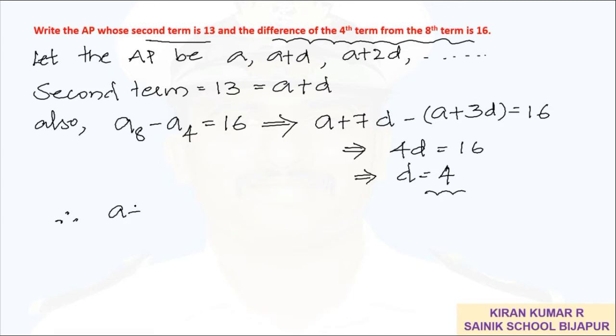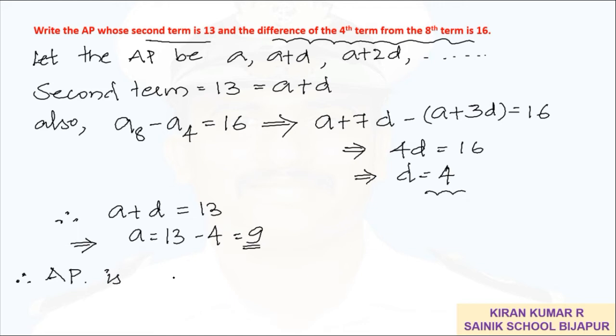Therefore, A plus D equal to 13, which implies A value as 13 minus 4, nothing but 9. Therefore, I can write the AP as 9 first term, 9 plus 4 second term, 9 plus twice of 4 third term, 9 plus 3 times of 4 fourth term, and so on.